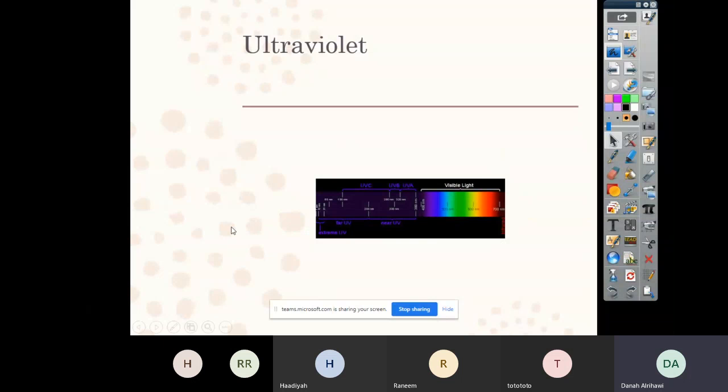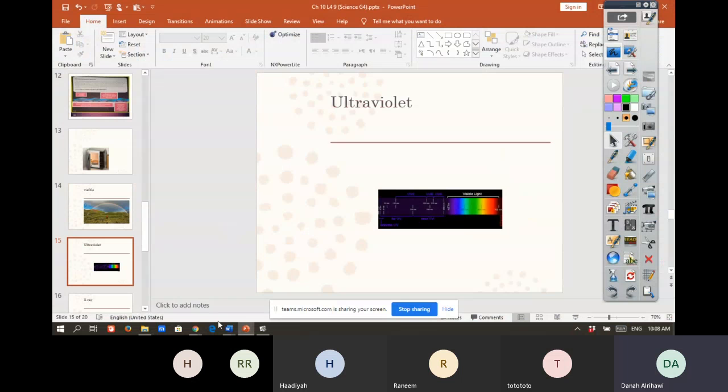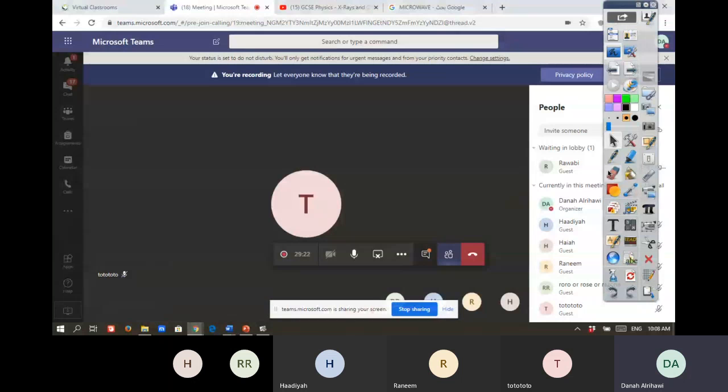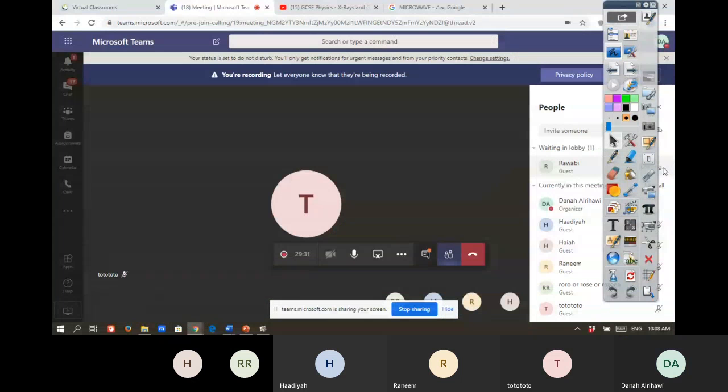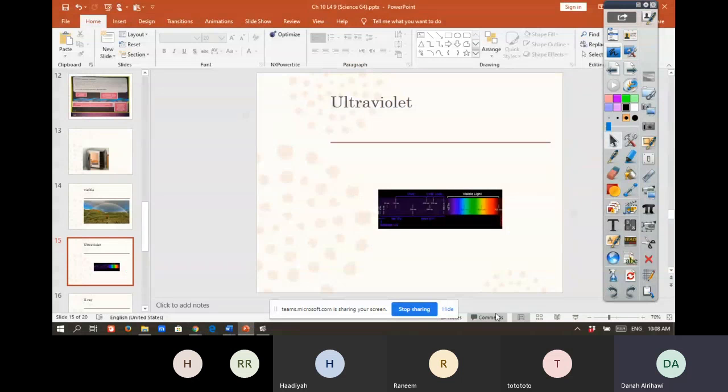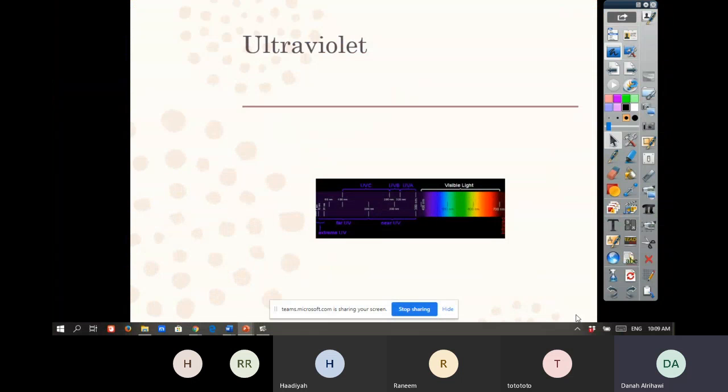But alhamdulillah we have the ozone in the atmosphere, and the ozone protects the earth from the bad effect of the ultraviolet. The ultraviolet has high energy and it's dangerous.